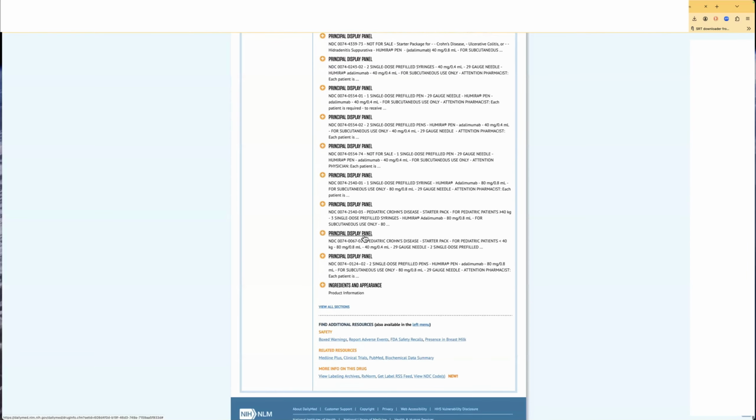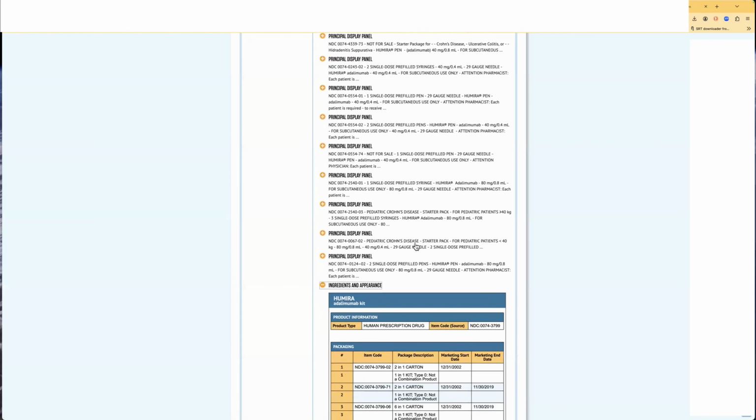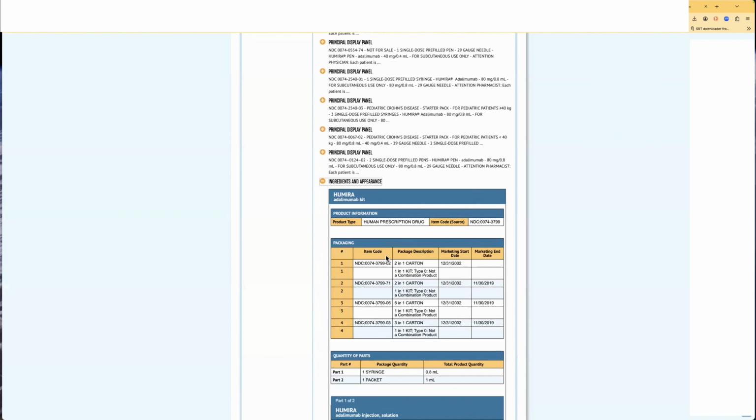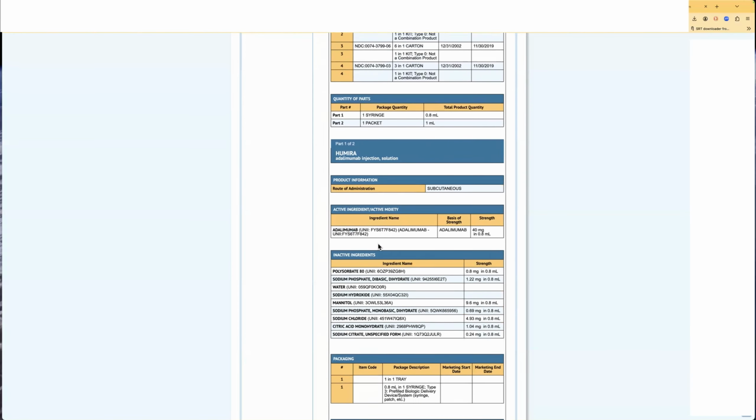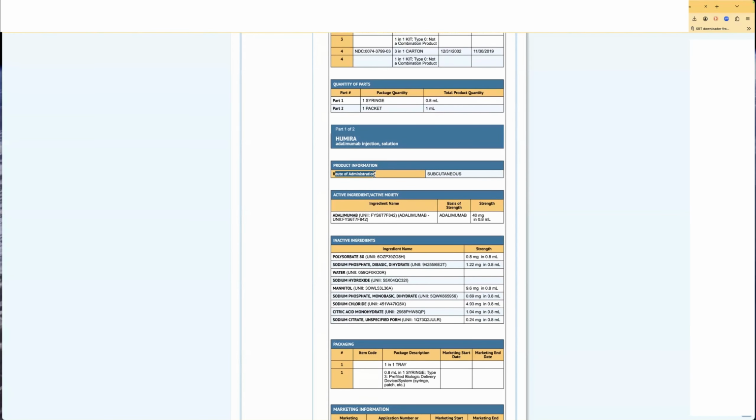Now we can look into the ingredients and appearance. Again, the ingredients is written here. So these are the items, the codes, the ingredients, what is in. And then here we have the solutions. For example, here we have the route of administration, which is subcutaneous.